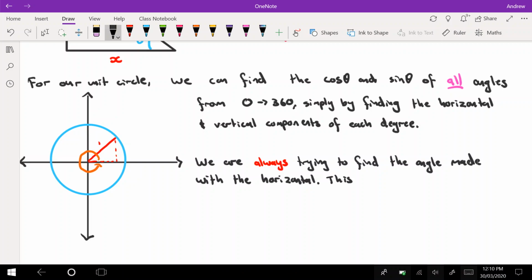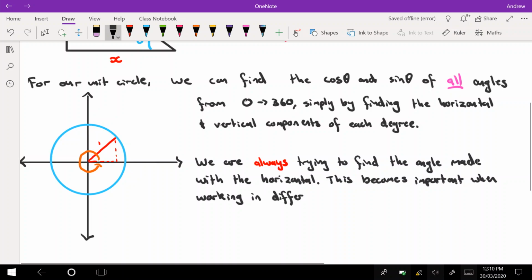This becomes important when working in different quadrants. So once we have angles in different quadrants, our reference point is always really important once we come to this.